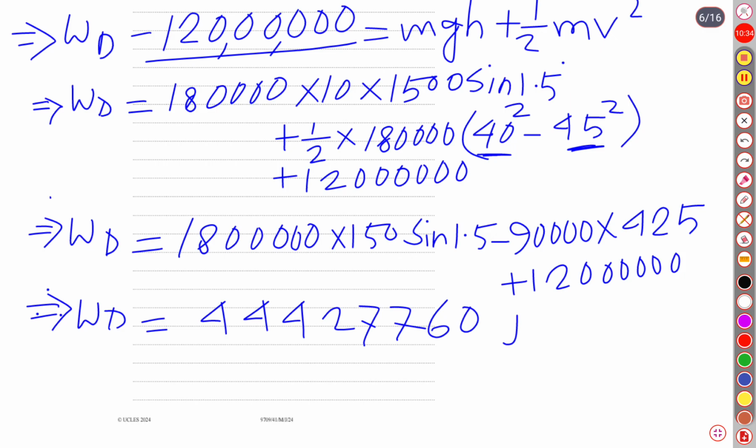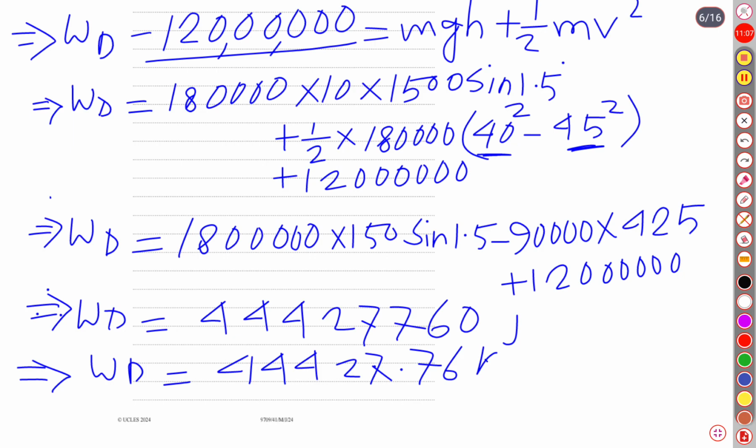But they have told us to express the quantity in kilojoule. So if we divide it by 1000, where will the decimal point be? Before the second 7. So it is going to be 444,427.76 kilojoule.